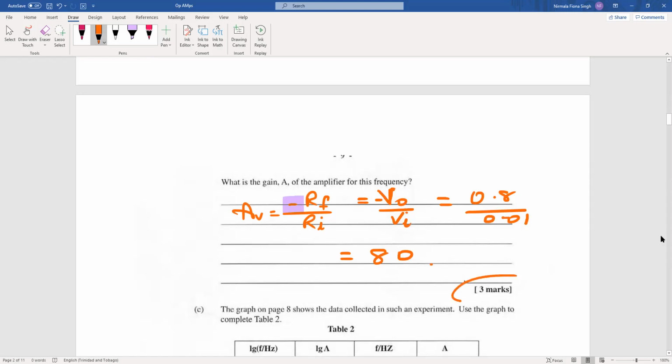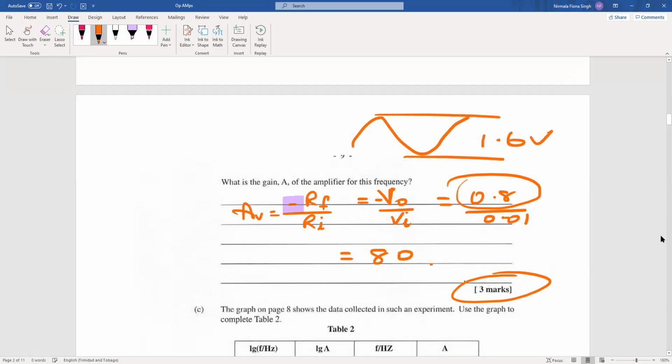Why is this 3 marks? Because they needed you to go into the graph and identify that even though your signal swing was 1.6 volts, we needed to know the amplitude of your wave, or the amplitude of your signal. And here, it would have been half of the 1.6 to give you 0.8.